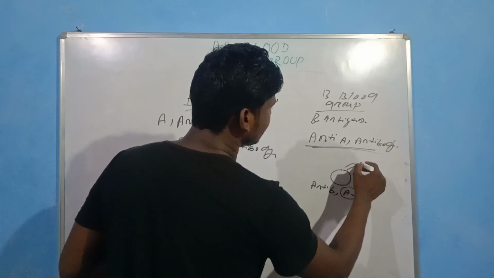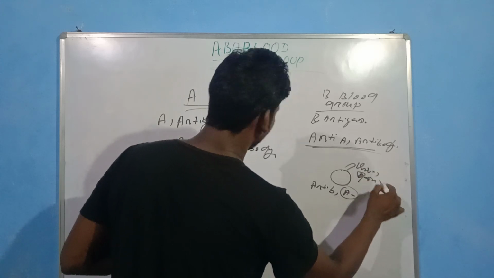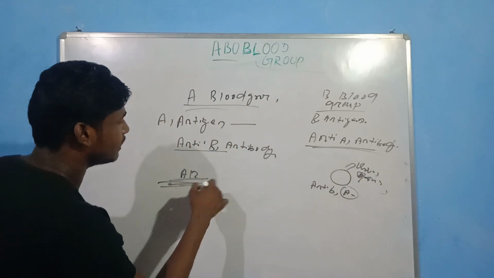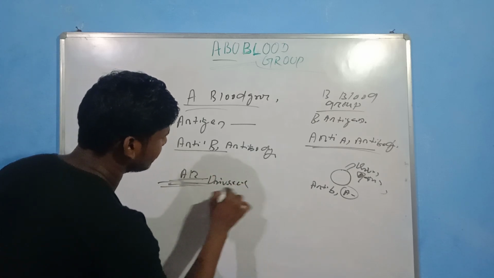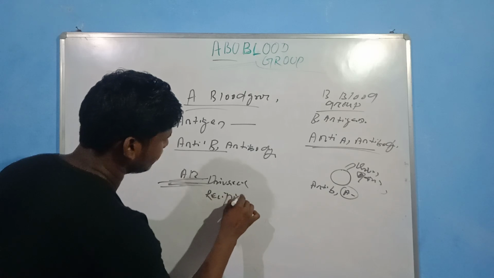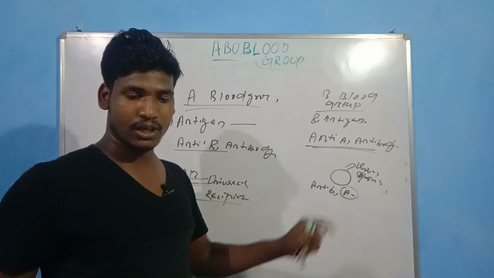So the O blood group is called a universal donor, and the AB blood group is called a universal recipient.